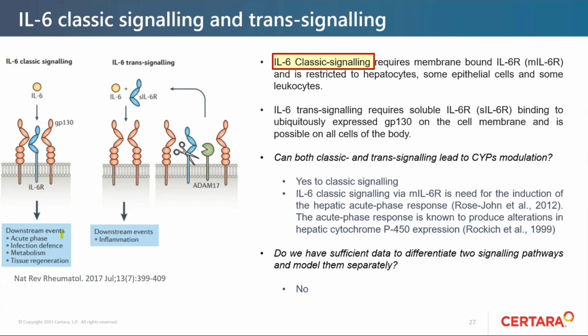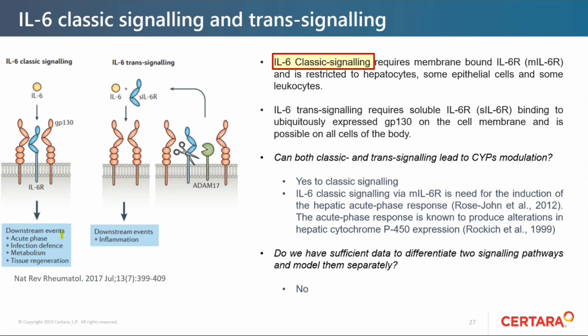These two signaling pathways tend to trigger different downstream events, as suggested in some reviews and articles. So our question: can both classic and trans signaling lead to CYP modulation? And do we have sufficient data to differentiate the two signaling pathways and model them separately?